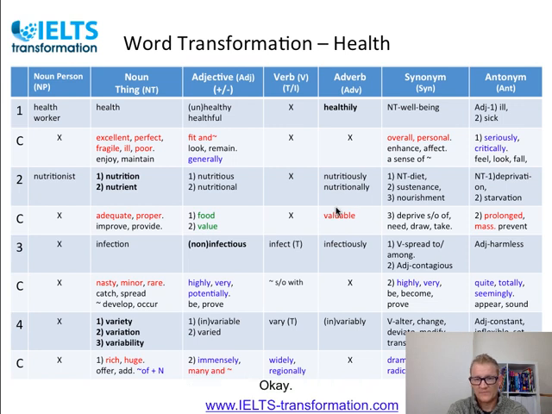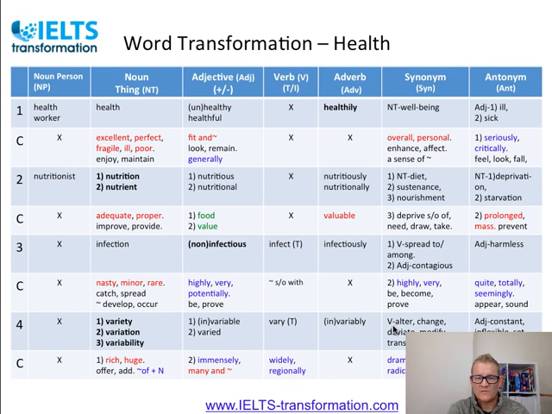Okay? So again, pause the video, take some time to look at this and understand it. You'll notice in the synonyms, I've put noun NT. So diet is the synonym of nutrition. Verb, infect, spread to.